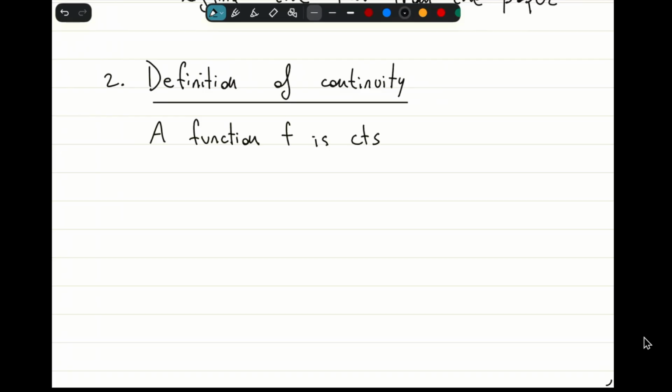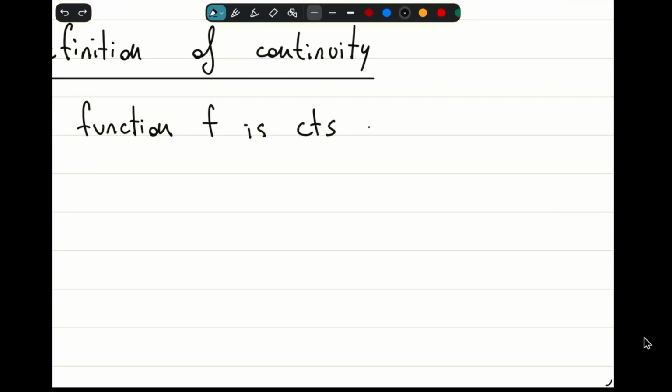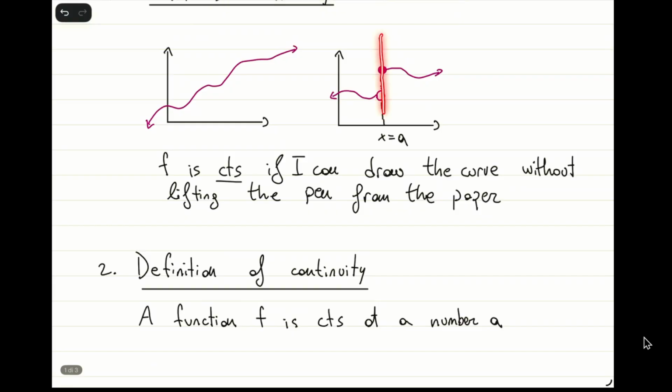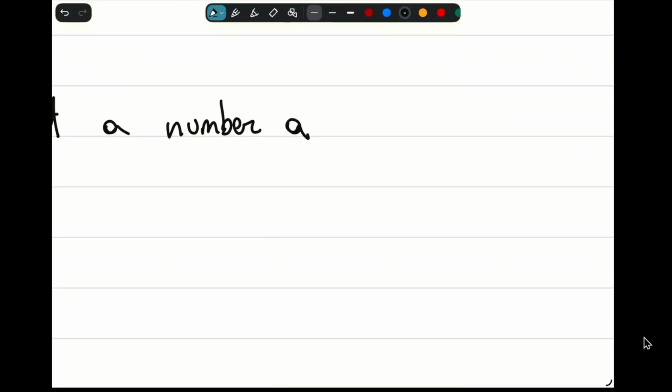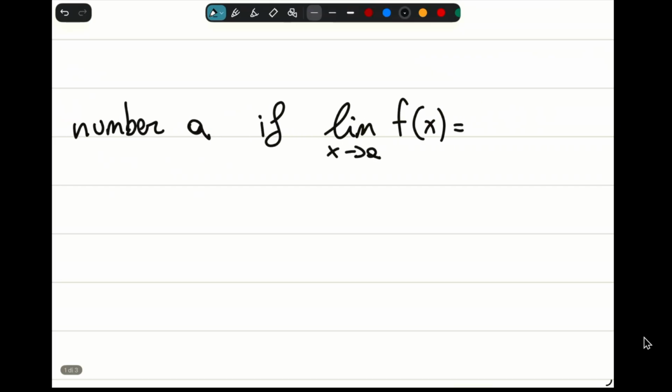It's continuous. Remember, this is an abbreviation for continuous. At a number a, so in our case up here, at this number right here, x equals a, at a number a, if the limit as x approaches a of f of x equals f of a.